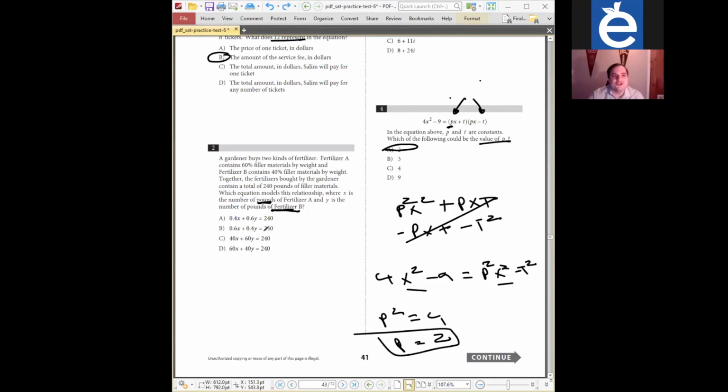The numbers should be getting lower, not higher, right? These would ramp it up. These would imply somehow that there is more filler than the original material. So those are dead to us, right? Now, which equation models the relationship where x is the number of pounds of fertilizer A and y is the number of pounds of fertilizer B? Well, the 0.6 goes with A, the 0.4 goes with B, making our answer B. Boom, roasted.